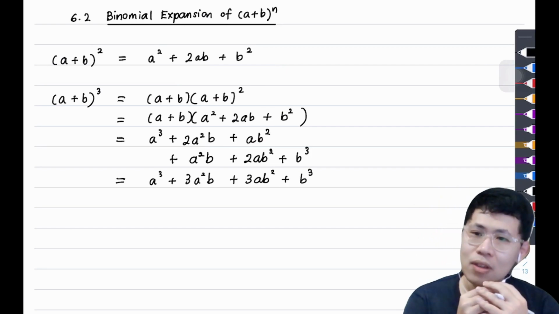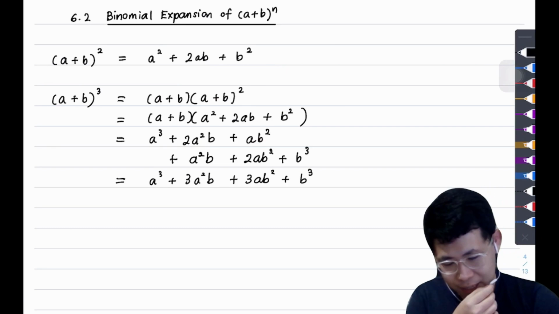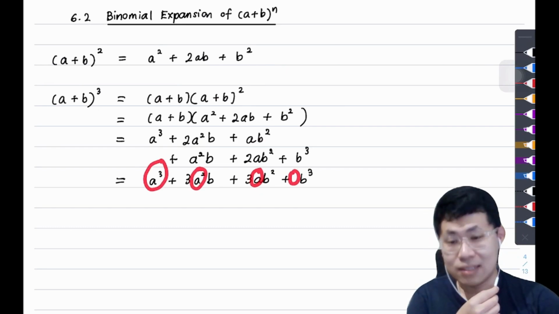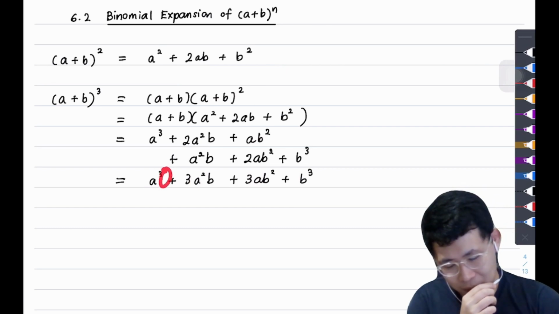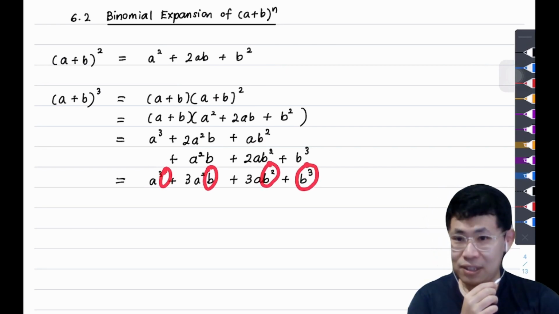At first glance, let's observe the powers of a: 3, 2, 1, 0. The powers of a are descending. The powers of b are ascending. Agree?